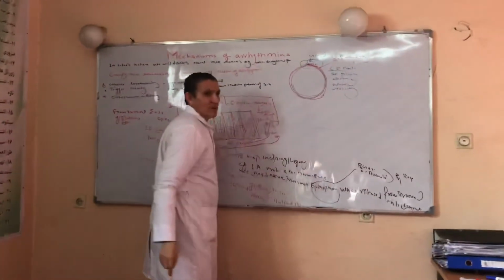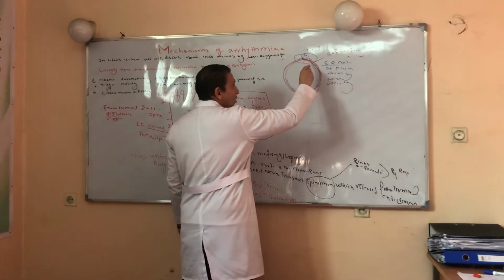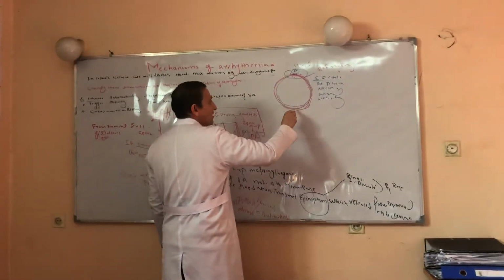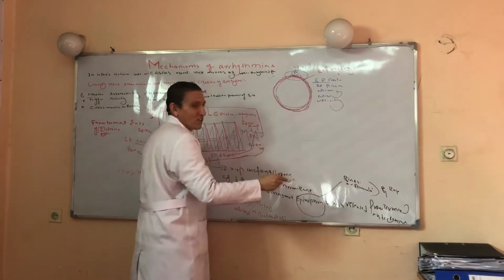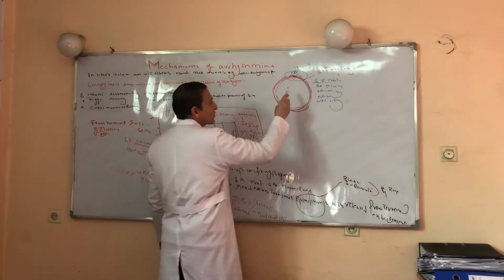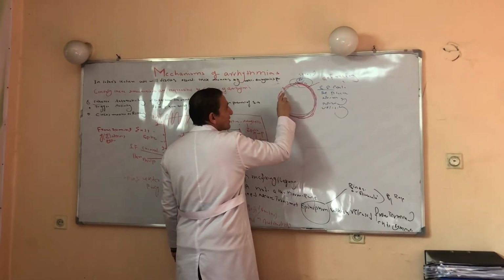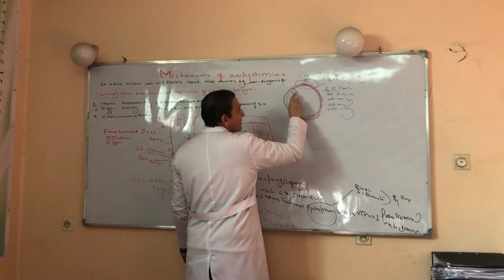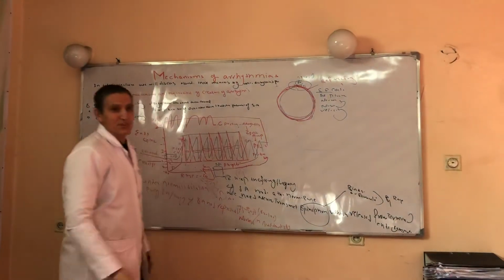Under the normal situation, the electrical impulse is produced from the SA node and enters the cycle, going in one direction. Finally it reaches here and its function is finished. When it reaches here, the SA node produces another electrical impulse. Therefore, this impulse does not enter this area while it is in the refractory period.